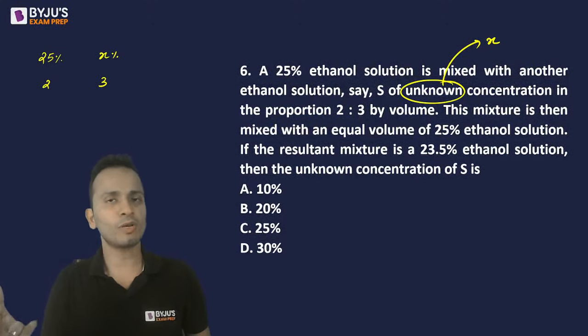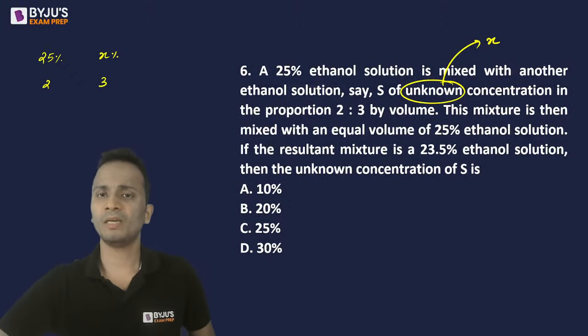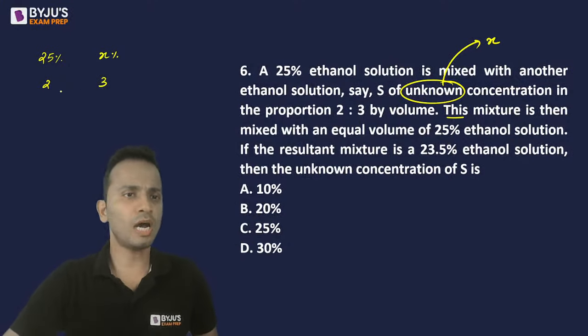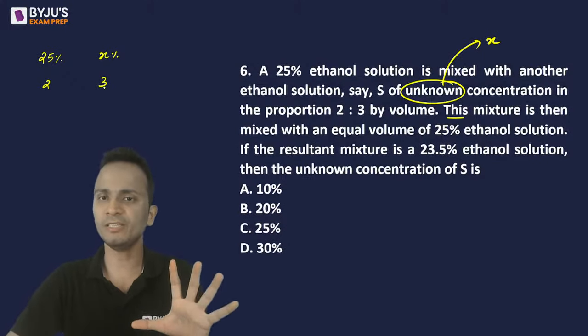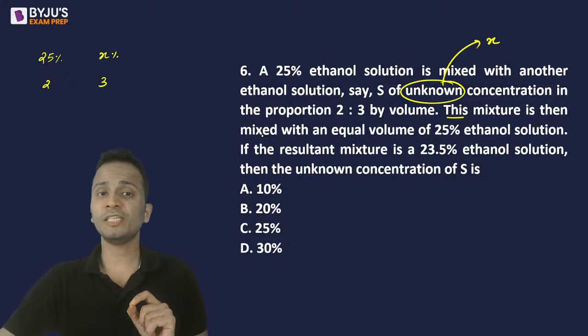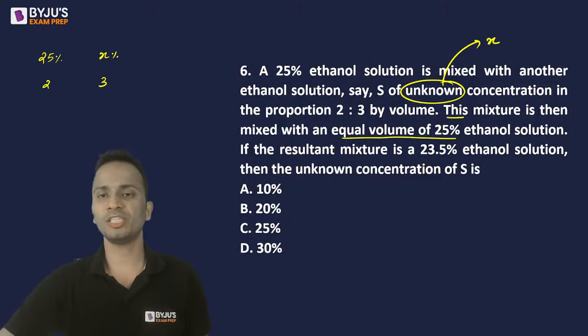Now let's have a look at what happened after we mixed them. I have mixed 2 liters and 3 liters, which means the mixture obtained is 5 liters. This mixture is then mixed with an equal volume of 25% ethanol.